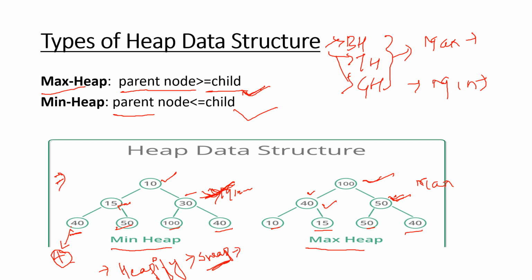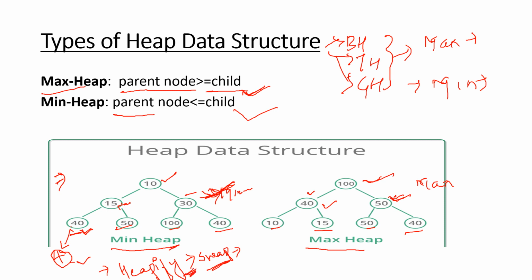If you don't perform heapify, it will violate the property of the min heap, and the property is: parent node less than or equal to children. But if you see, the parent is 40 and the child is 4. The parent is greater, so how can it be a min heap? It's not a min heap. So for that reason we perform heapify.